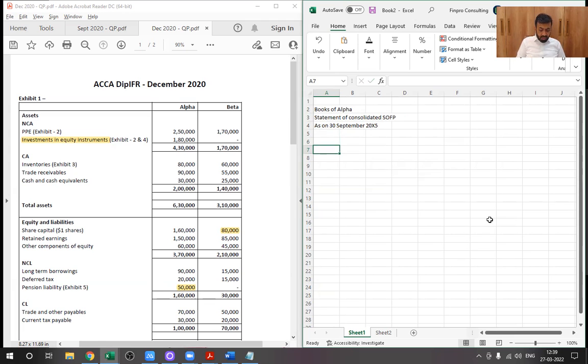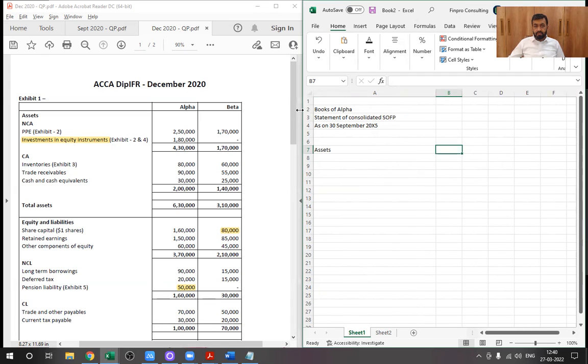What you will have in the balance sheet, first of all, assets. You will have note number, you will have amount. These amounts are in USD 1000.